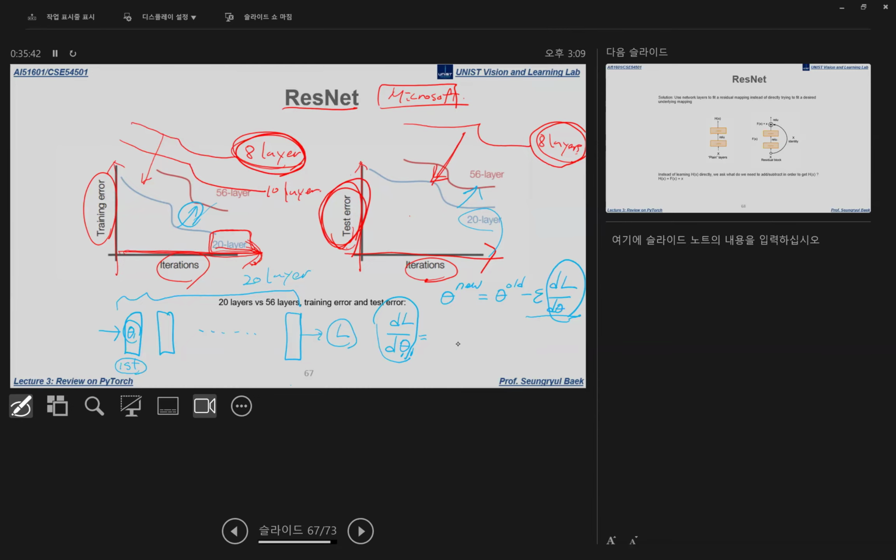For example, this is the 20th layer. This is Y20, its output, and we will denote its input as X20, okay?